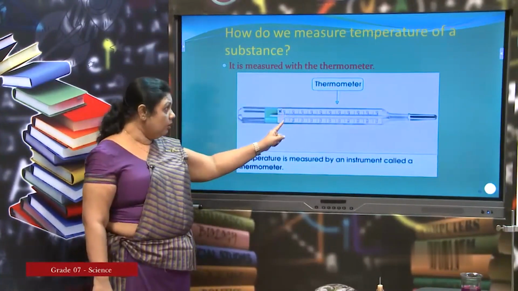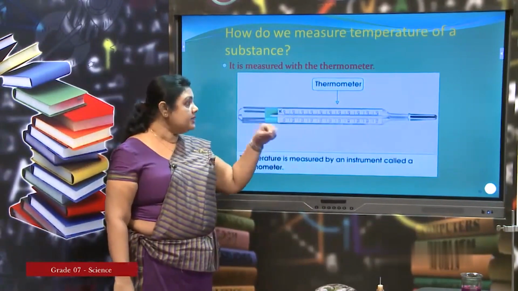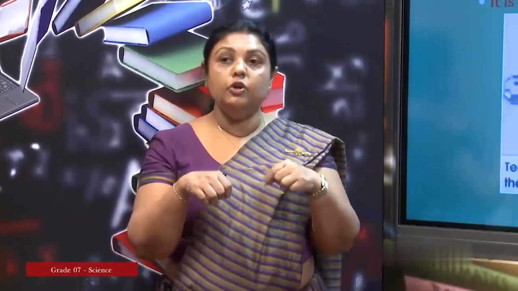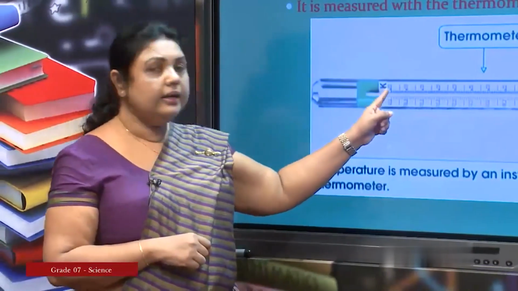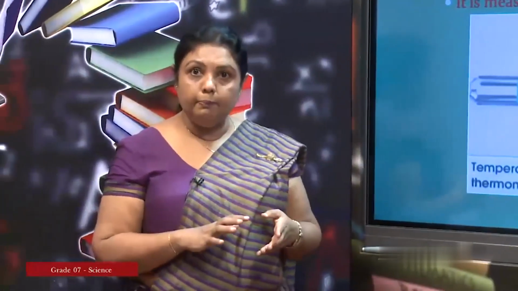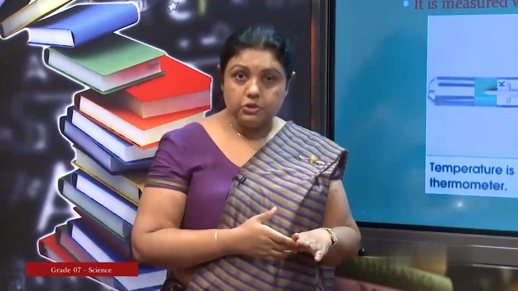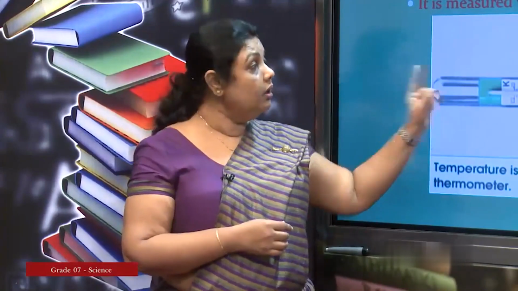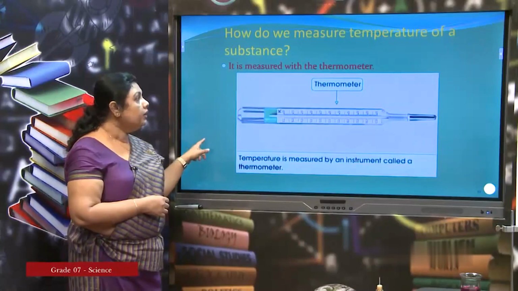Then we will talk about this thermometer. The mercury end that is dipped is called the bulb. That is dipped wherever you want to find the temperature. There is a scale here on its own. With the help of the changing scale, you can check the temperature by using this mercury thermometer.